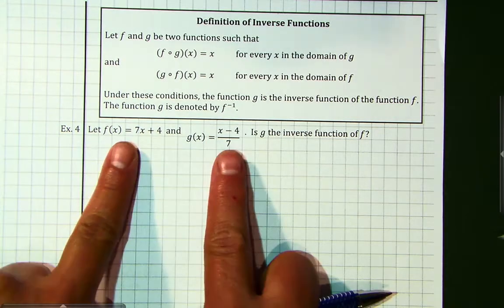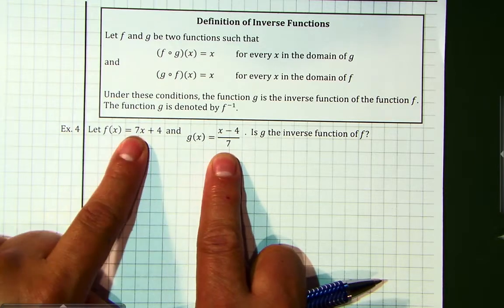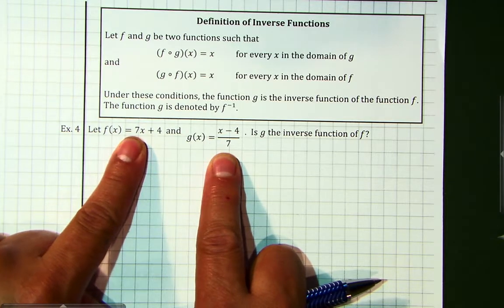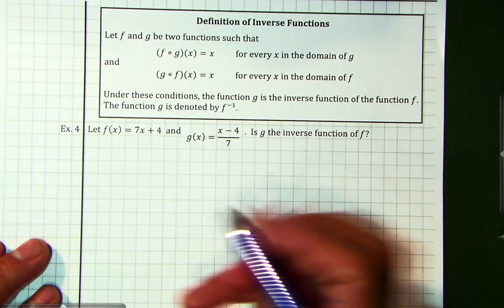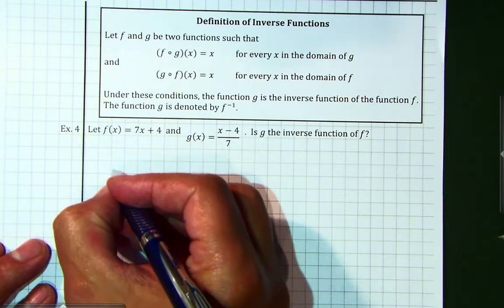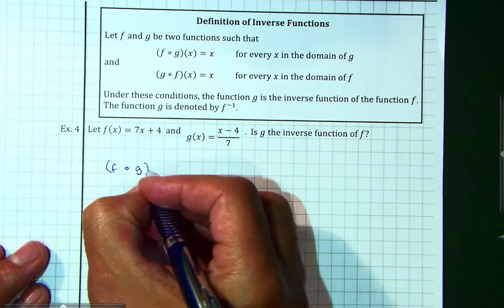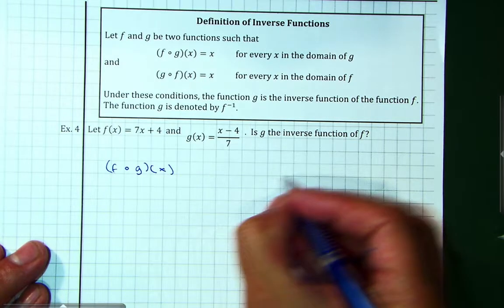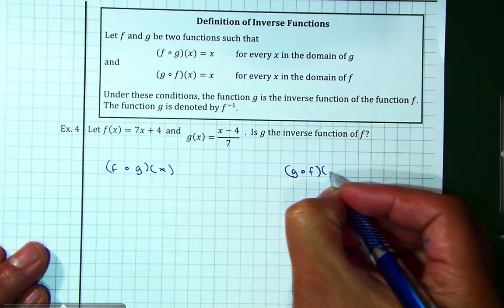So therefore, I want to be able to determine if g is the inverse of f. To be able to determine such a thing, we need to be able to find two things. We need to do the composition f composed of g of x and g composed of f of x.